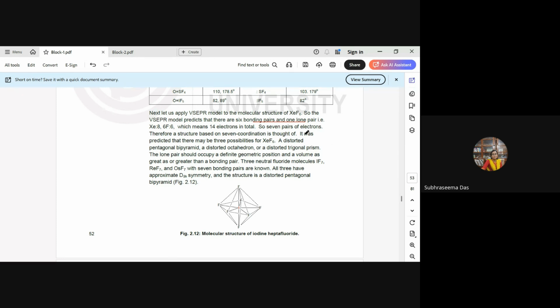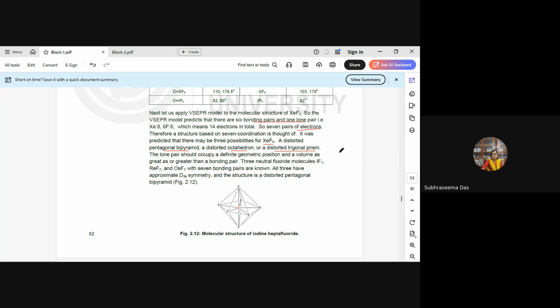So once we have 7 electron pairs, it has to be a 7 coordinated molecule. But it was predicted that there may be 3 possibilities for xenon hexafluoride: a distorted pentagonal bipyramidal, a distorted octahedral, or a distorted trigonal prismatic structure. So these 3 shapes were initially predicted for the xenon hexafluoride molecule.